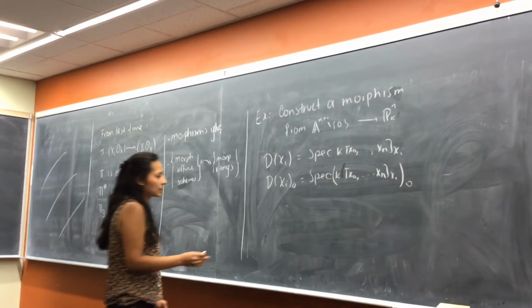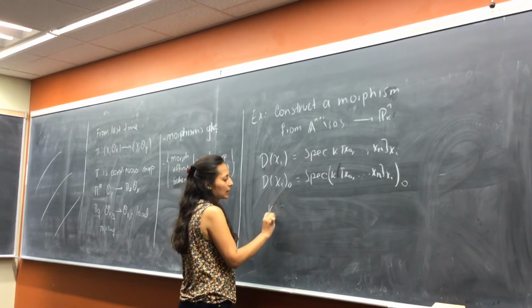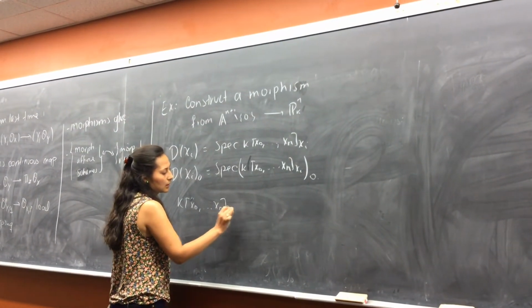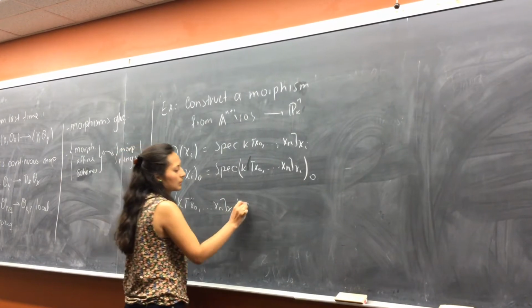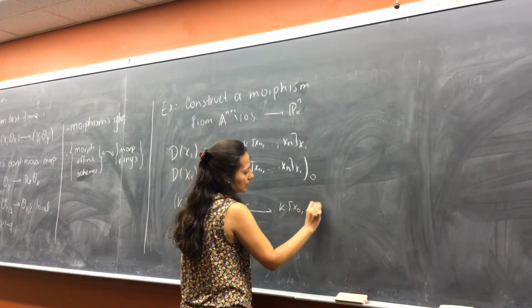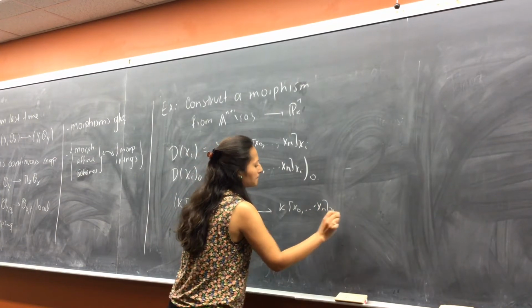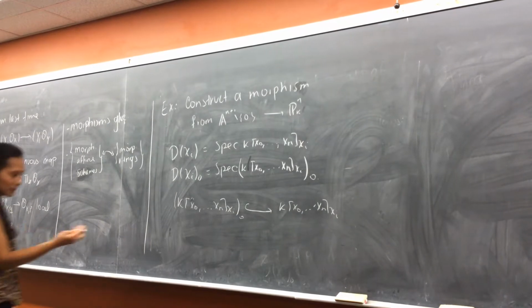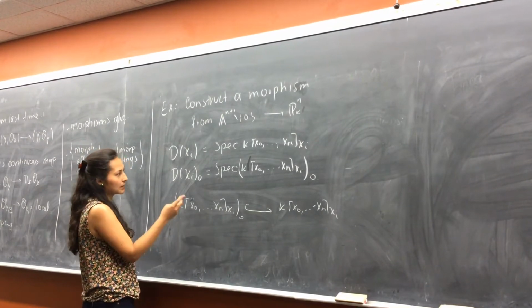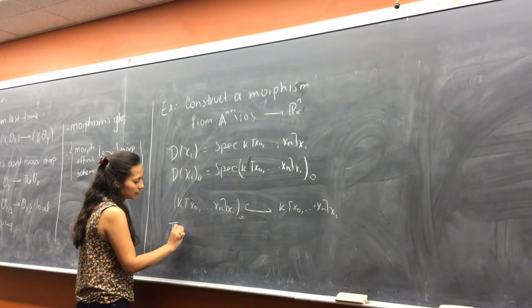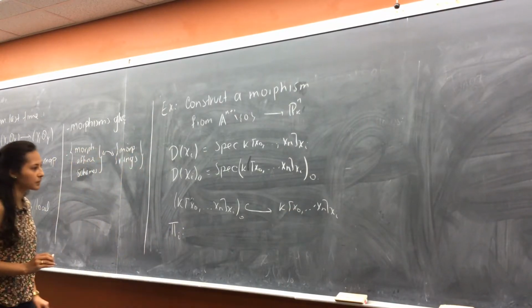Good. So we have the natural morphism, the inclusion from k[x_0, ..., x_n, 1/x_i]_0 into k[x_0, ..., x_n, 1/x_i]. So we know that this describes a morphism in the other direction in schemes, which I will call pi_i.